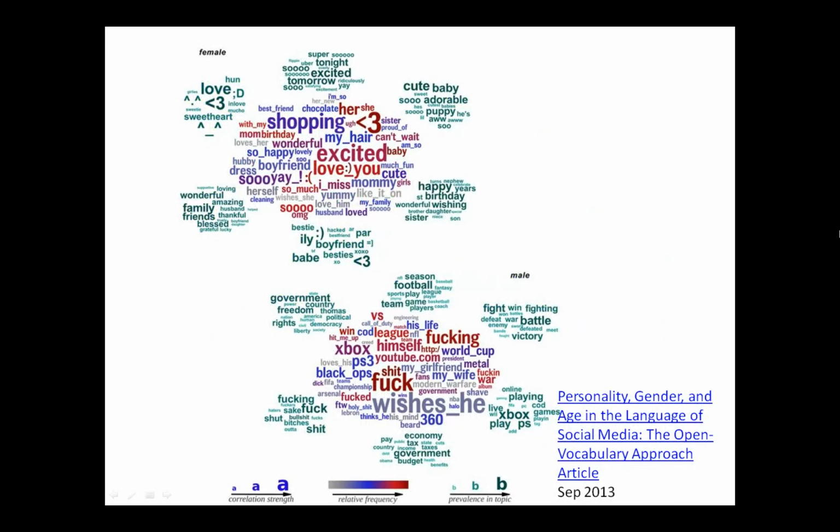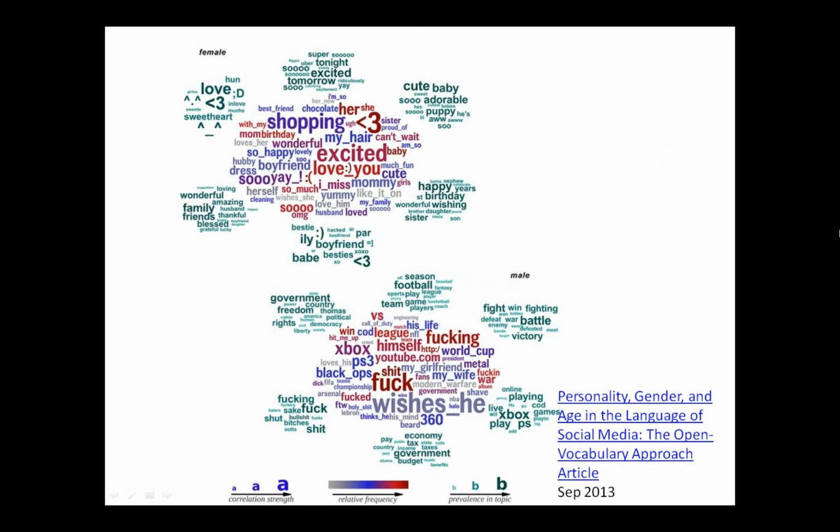Okay, this is with respect to age also. The bigger one is with respect to gender, the first one is female, the other one is male, and the small parts are with respect to age group. You can see that the female side uses words like puppy, family, husband, boyfriend, bestie, this kind of thing.